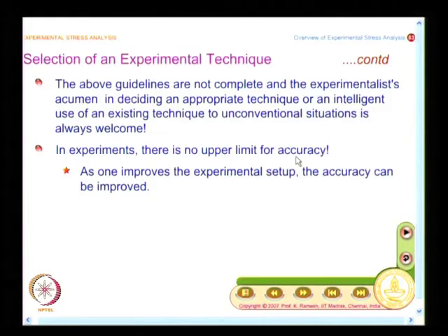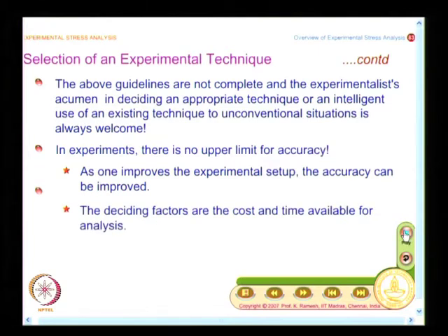So, as one improves the experimental setup, the accuracy can be improved. And what decides? It is cost and time. The deciding factors are the cost and time available for analysis.